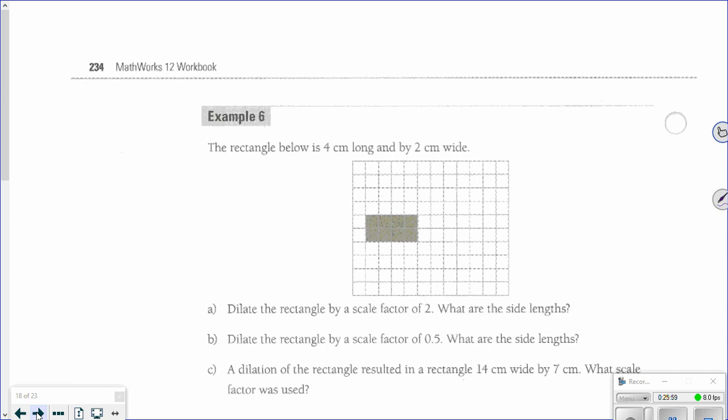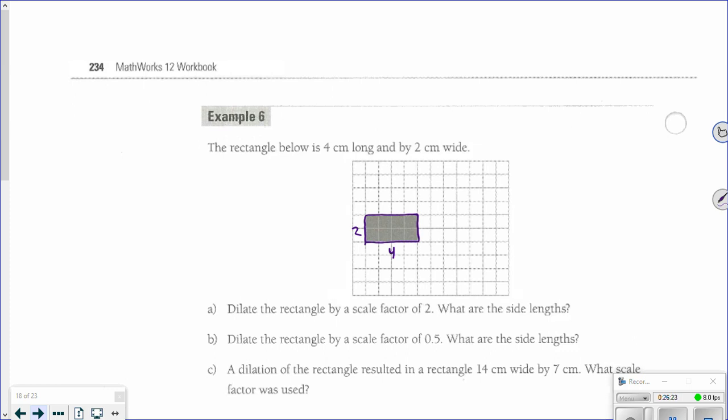Okay, so this example says the rectangle below is 4 centimeters long by 2 centimeters wide. So that means each one of these squares is 1 centimeter because we've got 4 by 2. Dilate the rectangle by a scale factor of 2. What are the side lengths?